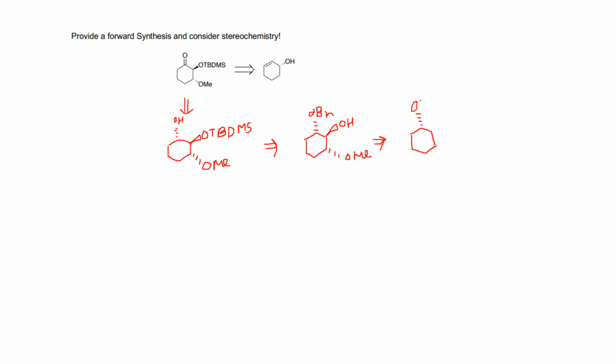This gives us OBn, and if it was an epoxide, okay. So here this way you can plan the retrosynthesis.